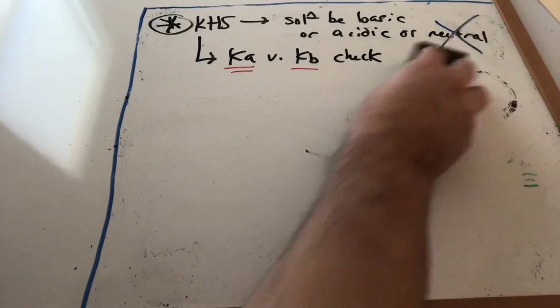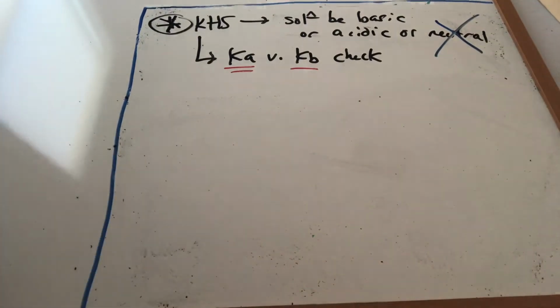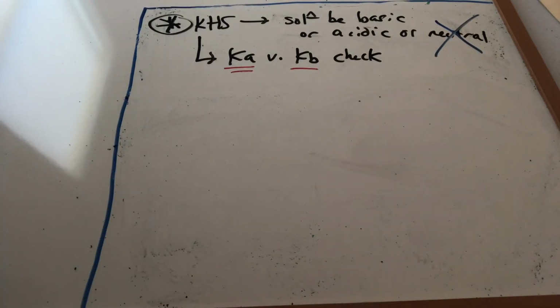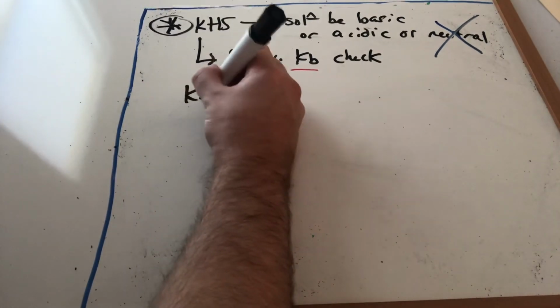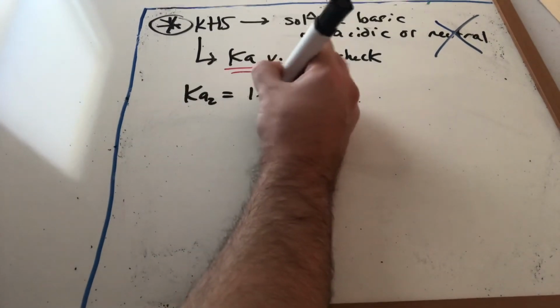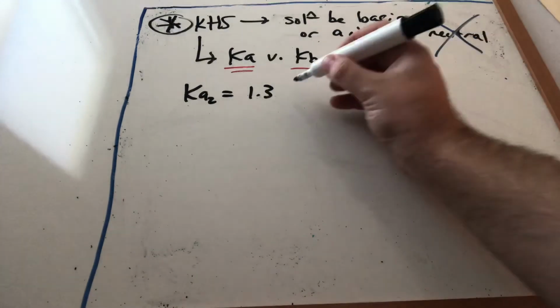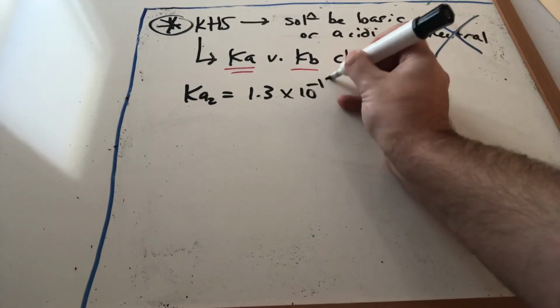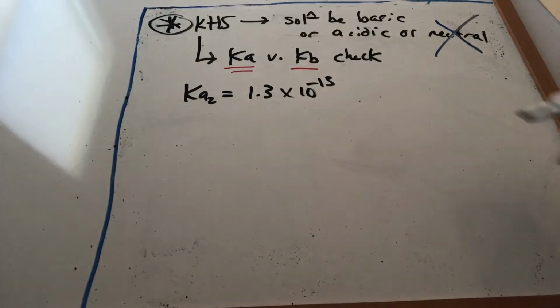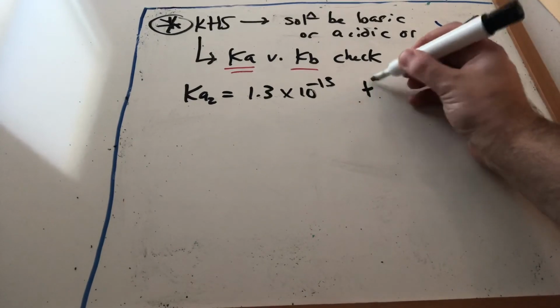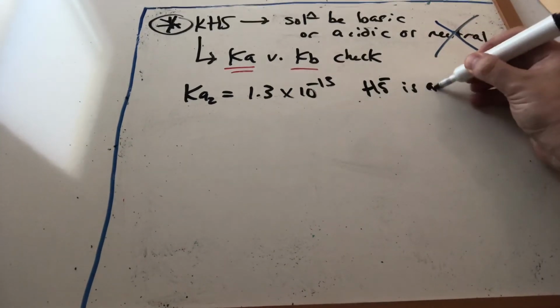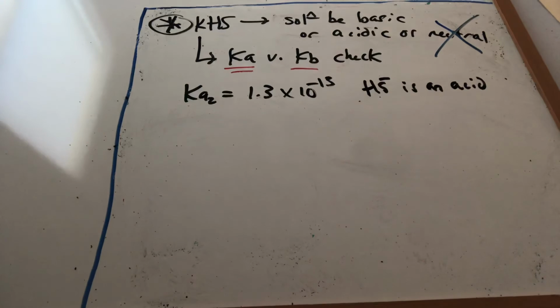Ka2 is something that you'll just be given for a problem like this. So just like our last example, Ka2 is 1.3 times 10 to the minus 13. That's the Ka for HS minus. So that's where HS minus is an acid in the chemistry that we write down.